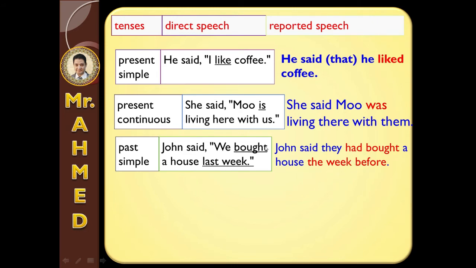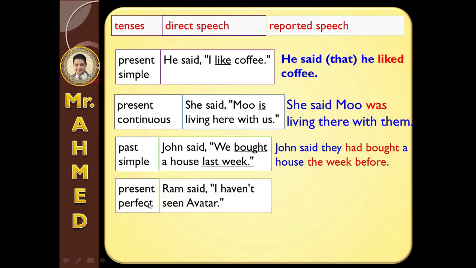As we see here, bought in the past is changed into had bought, the past perfect, and last week into the week before. Present perfect. Rami said, "I haven't seen Avatar." We will change it into: Rami said he hadn't seen Avatar. We change the present perfect into past perfect.